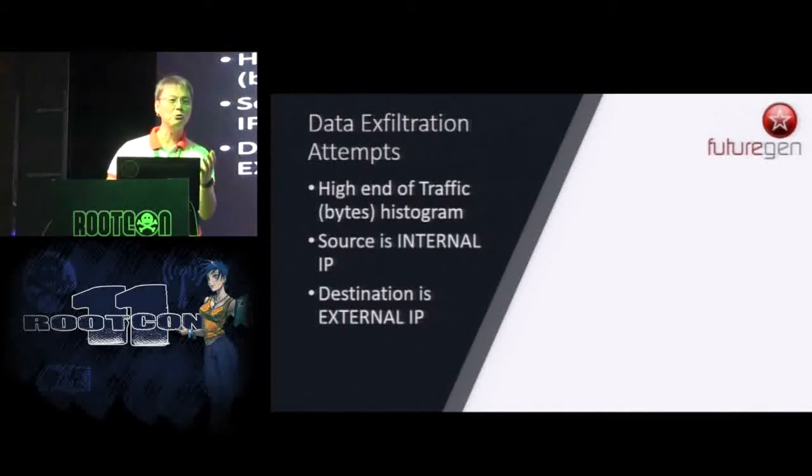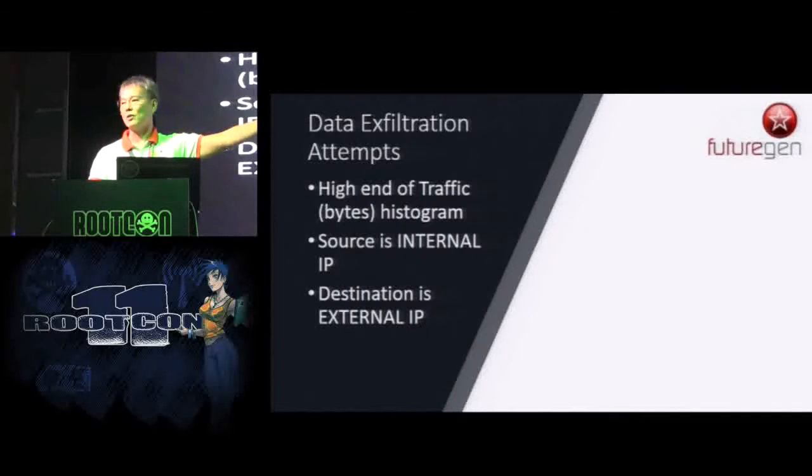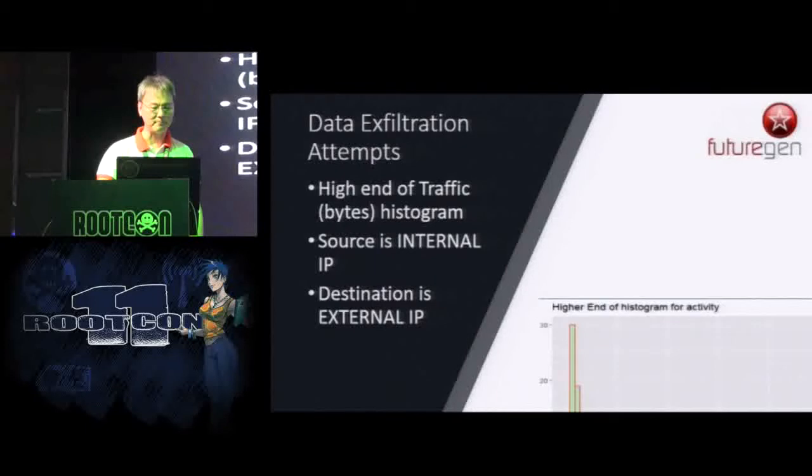But if you have a junior CSAT running our script every hour on the hour, I would show you how you can detect all of this right away. So here for data exfiltration attempts, we are looking for traffic that is sending out a lot of data, super loud. The source of the IP is internal because it's exfiltration, and the destination is external. So it's very logical, right?